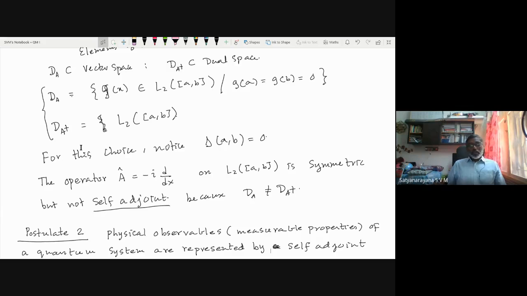So if at all you have an operator which is not self-adjoint, then it does not correspond to any physical observable. That may be some mathematical operator which you may define, and it may have some relevance, but it is not going to represent any physical observable. So physical observables are always represented by self-adjoint operators. So the question does not arise: if an operator represents a physical observable, what will its adjoint represent? You follow, right? Yes, sir.